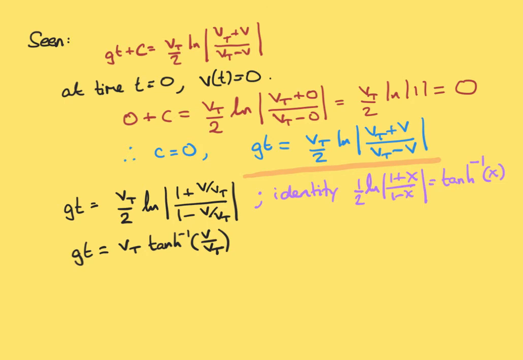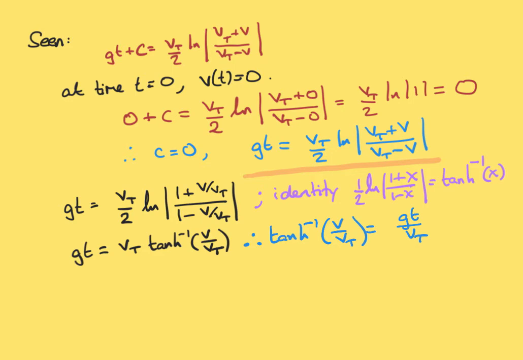So now we want to find v, and to do that, let's divide both sides by the terminal speed and swap the sides of the equations around again. And what we're going to get then is that tanh to the minus 1 of v over vt is equal to gt divided by the terminal speed.